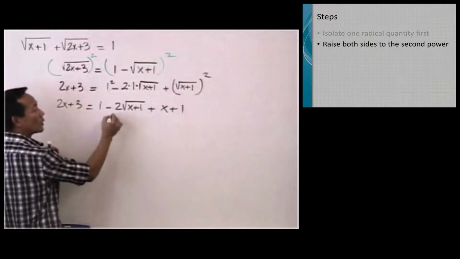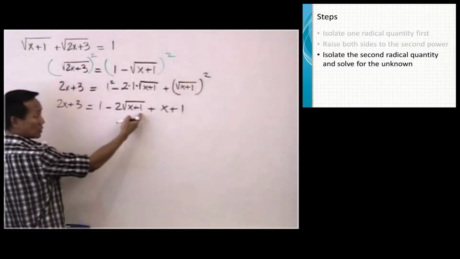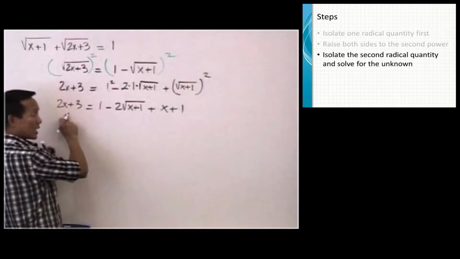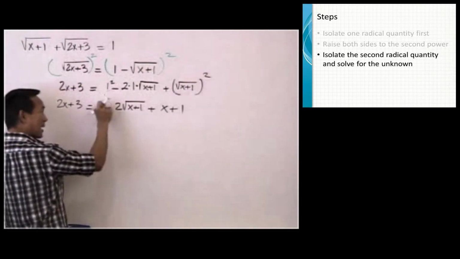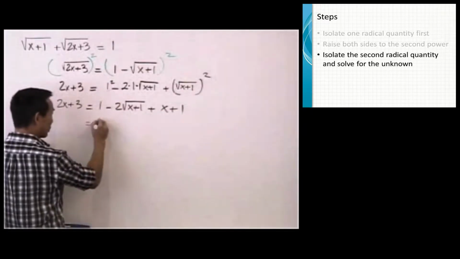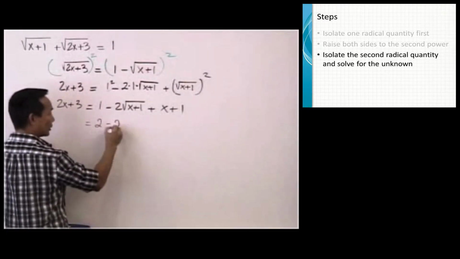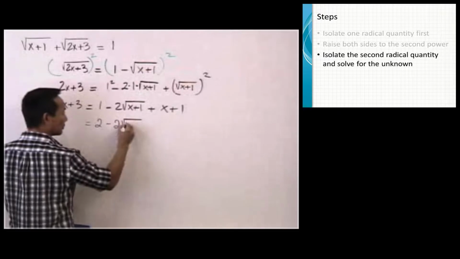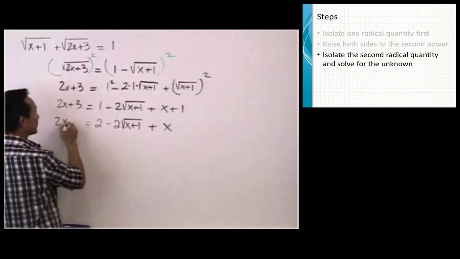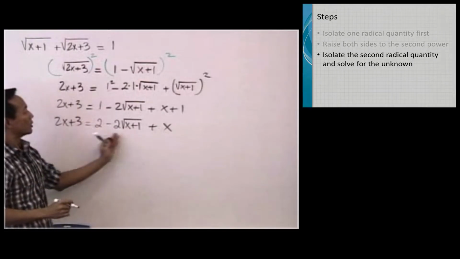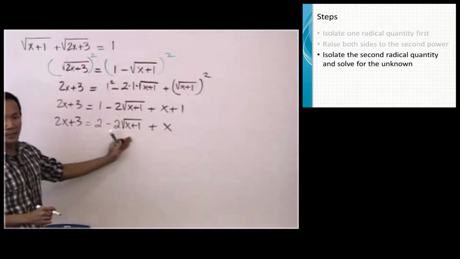And then we have to isolate this radical, same as we did for the other one. But before doing so, I am going to combine 1 and 1. I have 2 minus 2 square root of x plus 1 plus x, equals 2x plus 3. Now, we will isolate this.